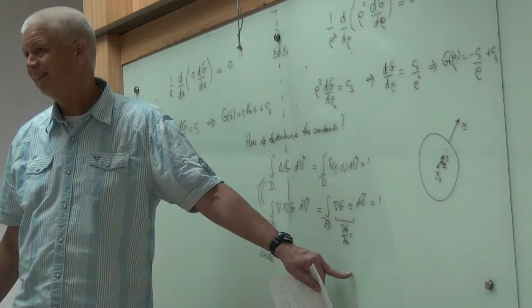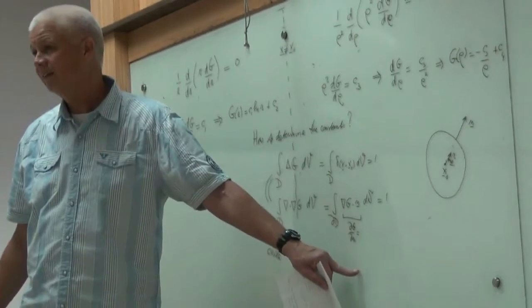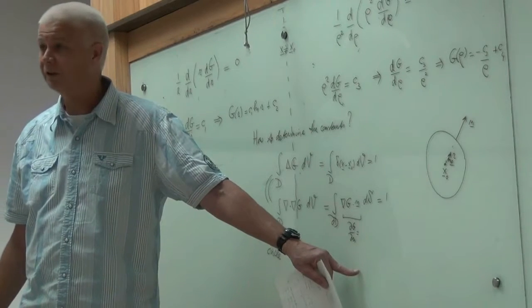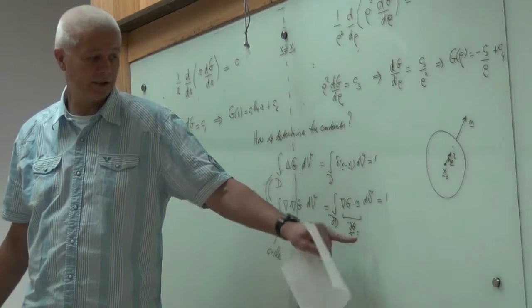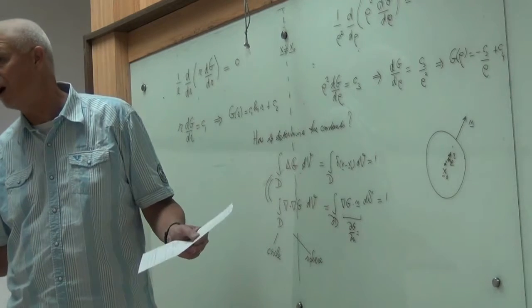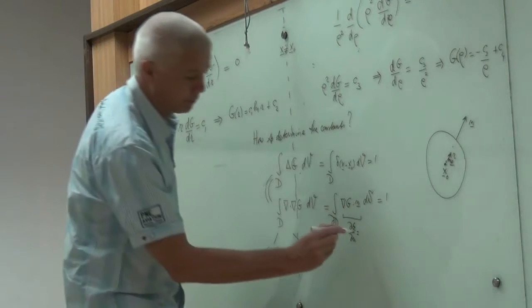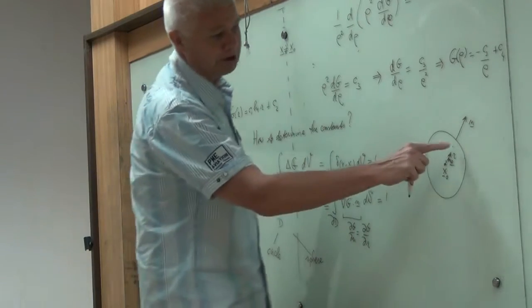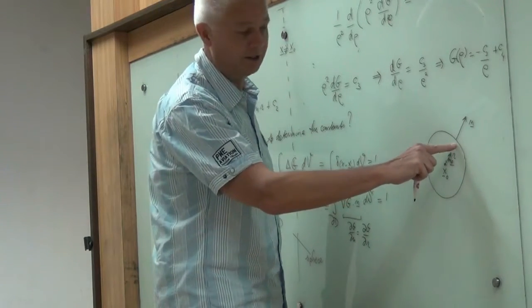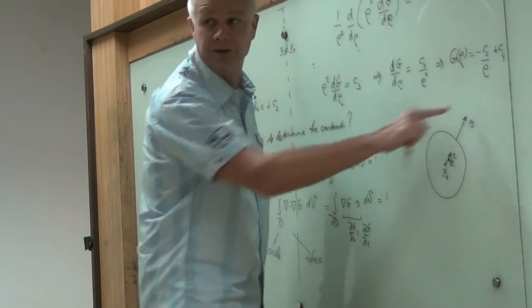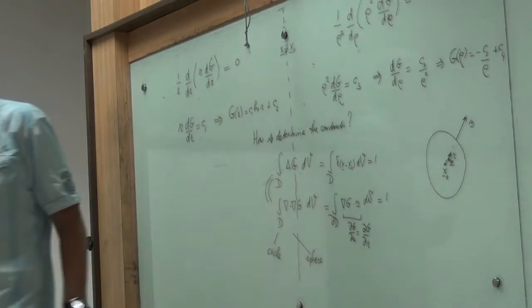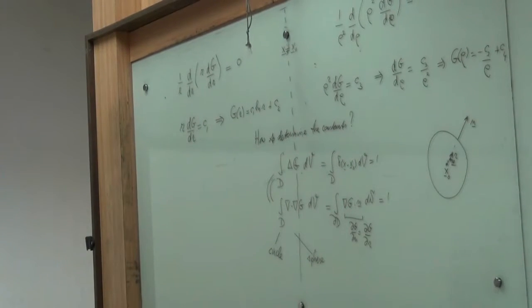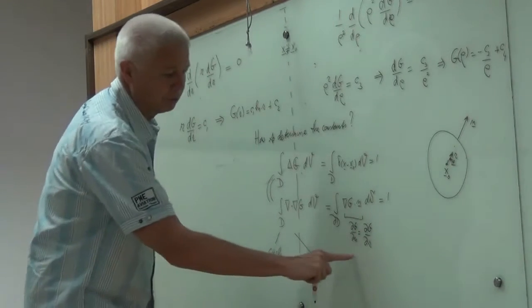If I use polar coordinates, dg/dn is equal to dg/dr. You agree? Because dg/dn is the derivative of g in the direction n, and n is also in the direction of r. Okay, so in 3 dimensions, this is equal to dg/d rho.